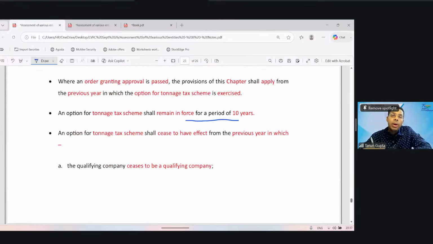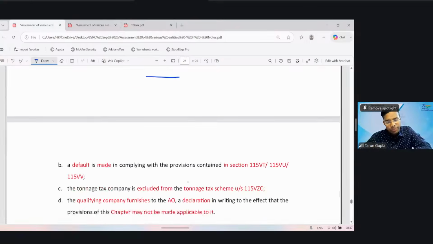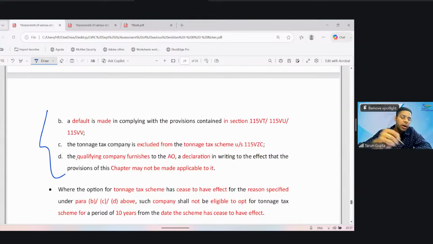This option shall cease to apply if the qualifying company ceases to be a qualifying company, or if it defaults in any of the conditions of the chapter. Okay, so there are some conditions. A minimum of 20% of the book profit is required to be transferred to the reserve. Training should be given, and that reserve has to be utilized only for the purchase of a ship.